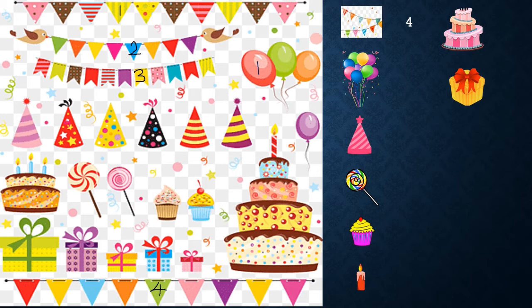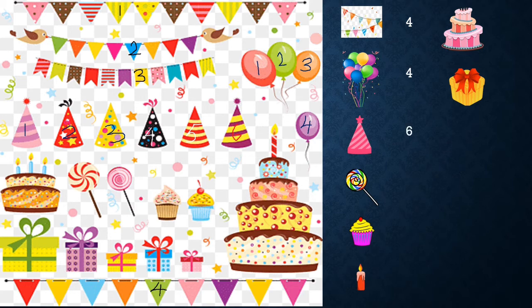So it is 1, 2, 3 and 4. So they bought 4 balloons. And the caps, let us count. 1, 2, 3, 4, 5 and 6. So they bought 6 birthday caps.